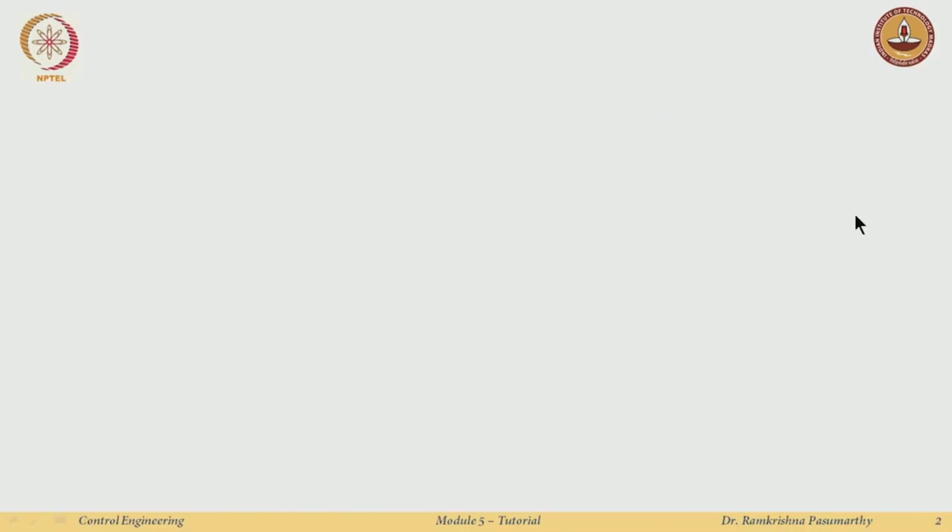Okay. So, first let us draw the signal flow graph of this. The signal flow graph would look something like this.